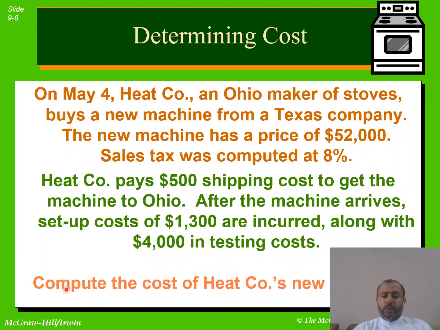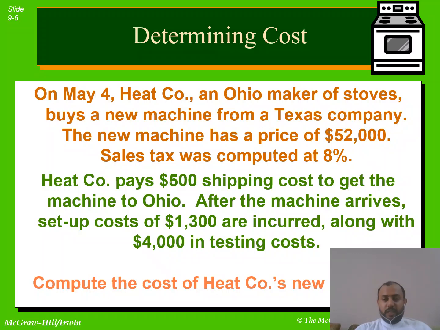We need to compute the cost of the new machine. So what is the cost of this new machine? That should be included in our balance sheet as a price, as a cost of this new machine. This is the question. So as we have just studied, we need to add such costs also in the price of machine.